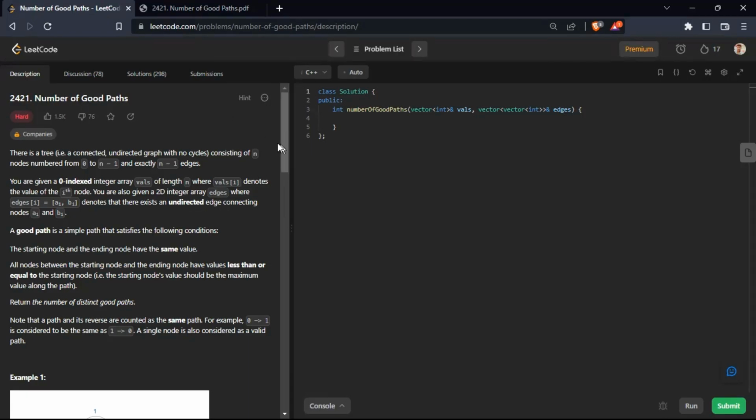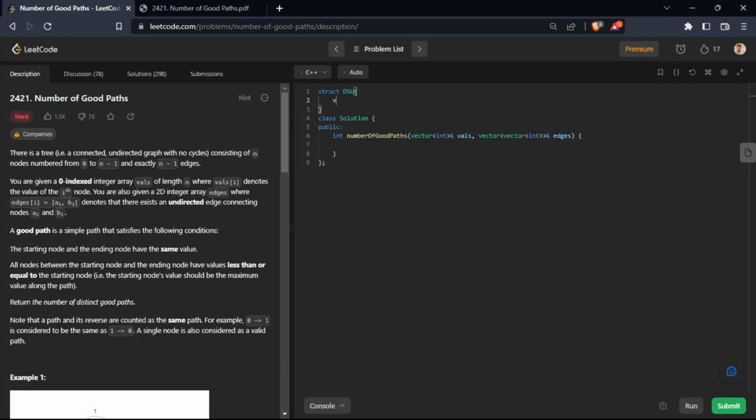Let's try to code this question in C++. First we will make a structure DSU, and then we will use that DSU in our approach. In the DSU we have a parent array and a size array, and we find the parents and merge them accordingly. If you need another video explaining DSU, you can comment down below and I will make another video about it.